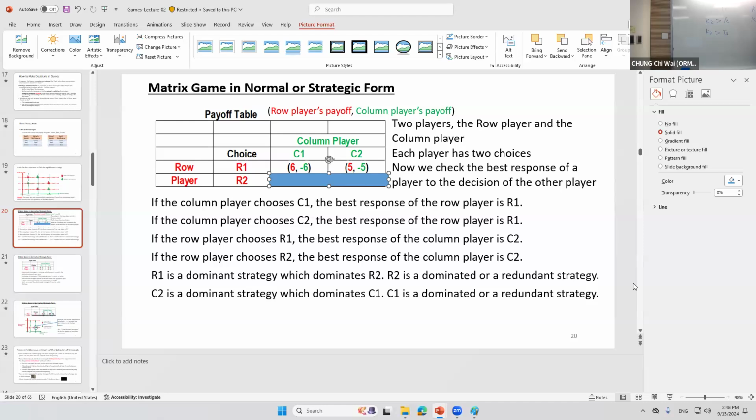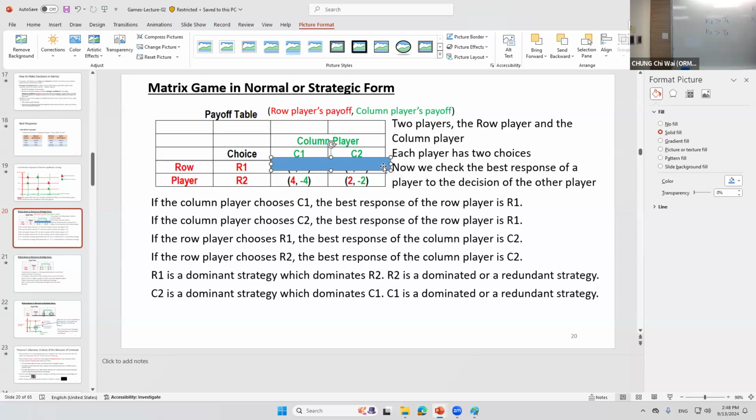If the row player chooses R2, again we compare the two green numbers. If the column player chooses C1, the payoff is minus 4. If the column player chooses C2, then the payoff is minus 2. Alright, so minus 2 is better than minus 4.